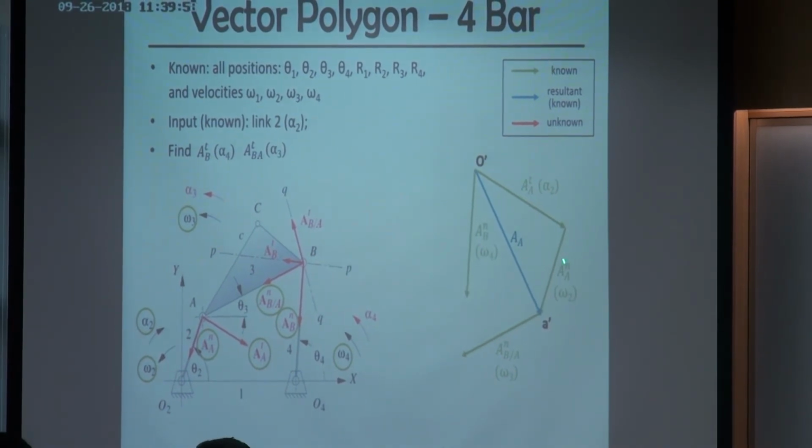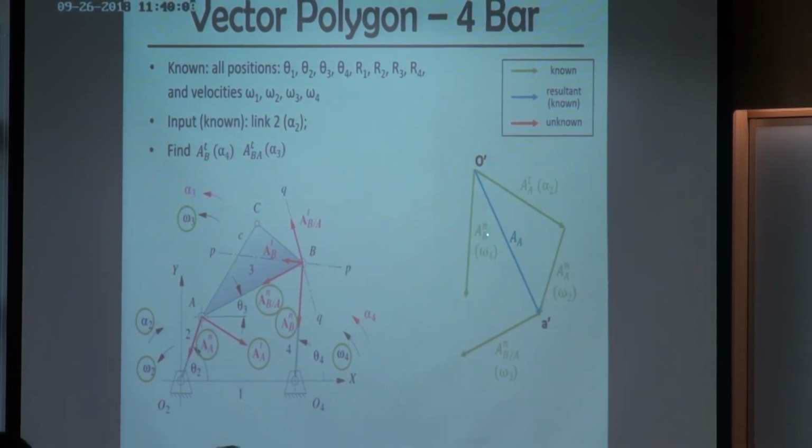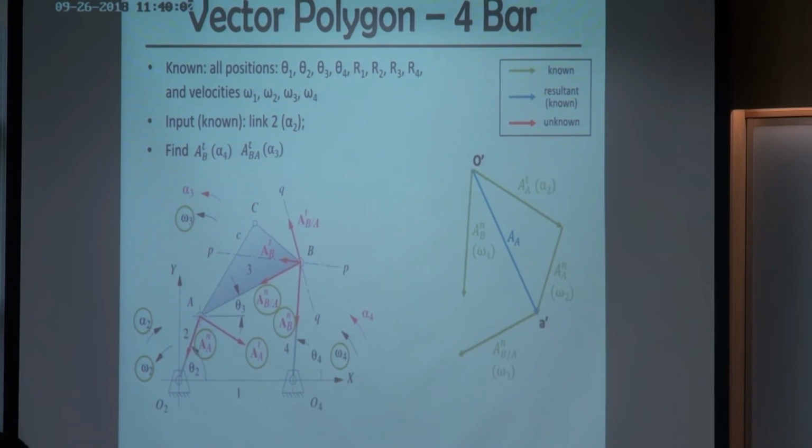And as I mentioned previously, we can also get ABN, and the direction is pointing from B to O4. So it's this direction, and because it's passing O, starting from point O. For these two normal components, we know both the direction and magnitude, so I just draw a solid arrow.